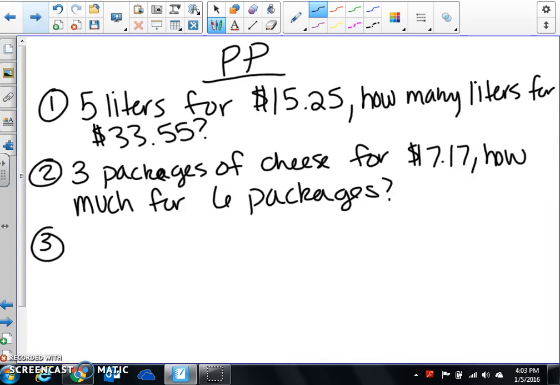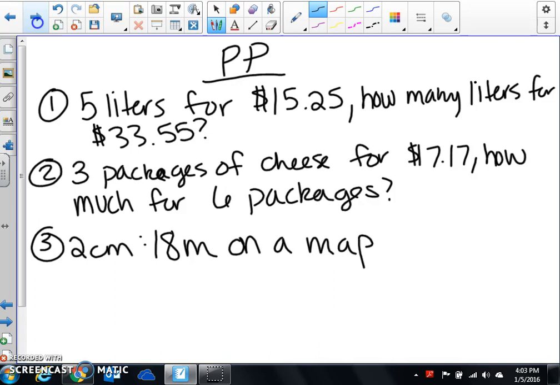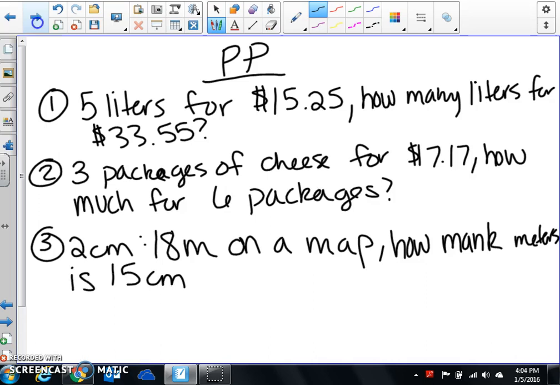All right. 20 centimeters for every 18 meters on a map. How many meters is 15 centimeters?